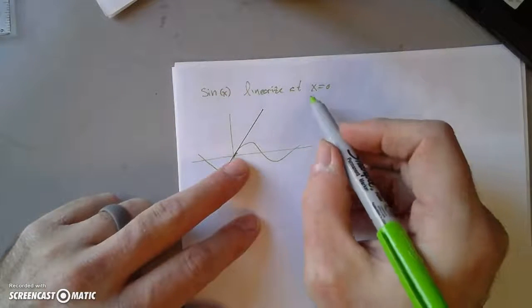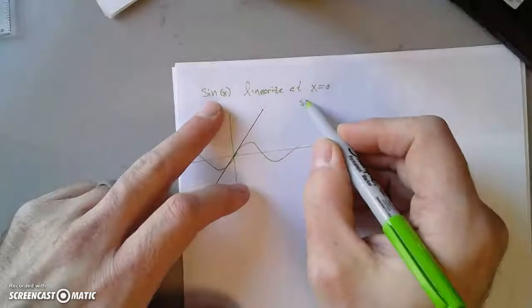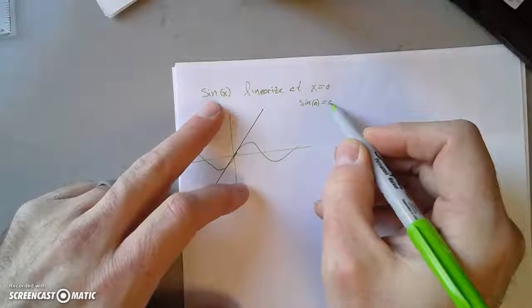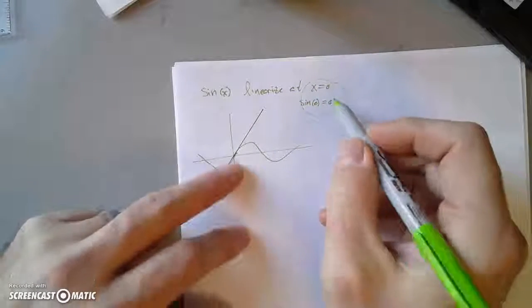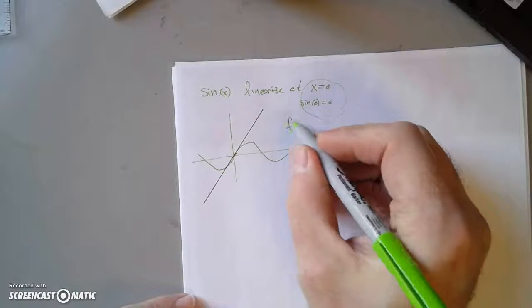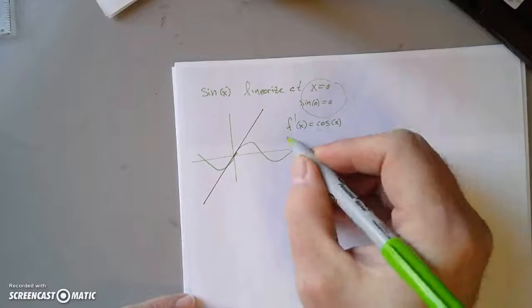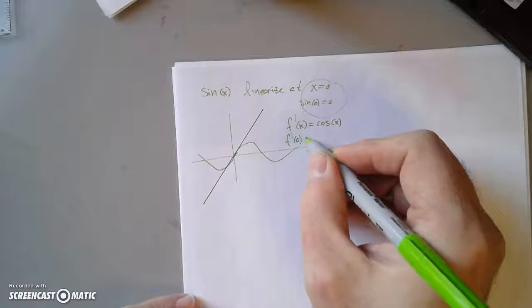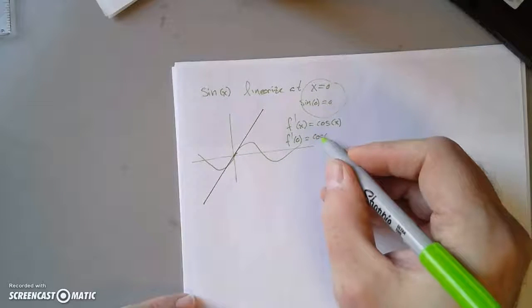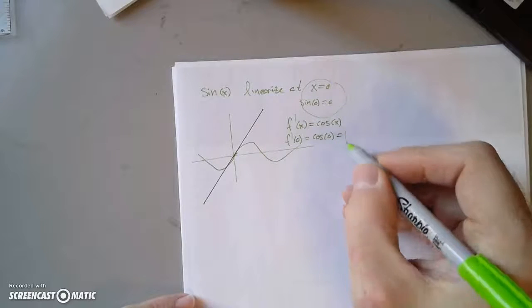So if x is 0, sine of 0 is 0. There's our point, it's the origin. And then we need the derivative, which is cosine of x. And then we need the derivative at 0, which is cosine of 0, which is 1.